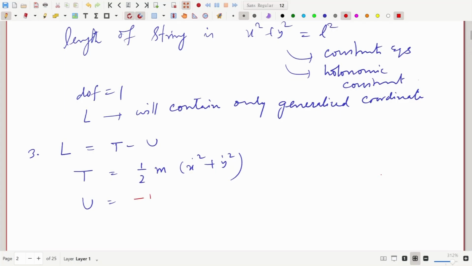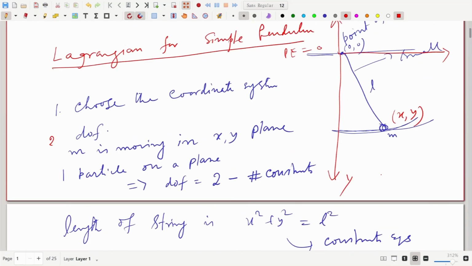So, it is positive if I go up, and negative if we go down. So, the potential energy of the system, according to our convention and the situation we have assumed, will be minus mg y. Why minus? Because I have assumed the potential energy is 0 at the point of support, and the mass is down at length y. So, this will be my x and this will be my y.